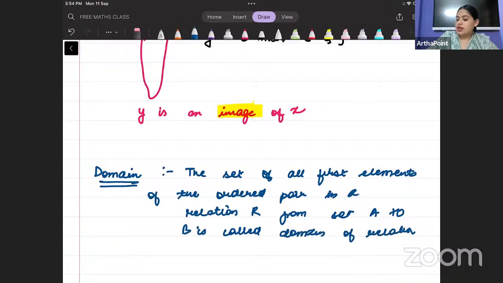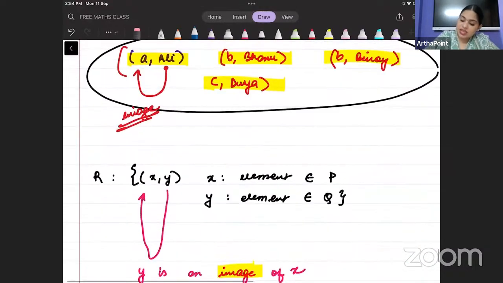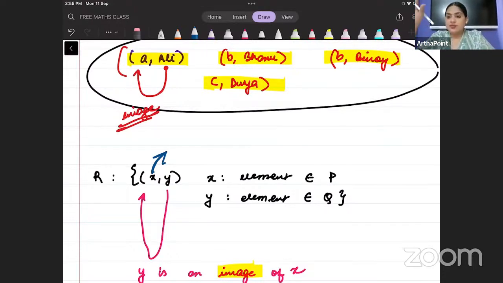Let us understand in one minute what the domain is. Beta, I am saying that all these x's are part of an ordered pair. Why ordered? Because it has an order in it. We know what an ordered pair is from our previous classes. We know (x, y) is not the same as (y, x). Both are very different, right?